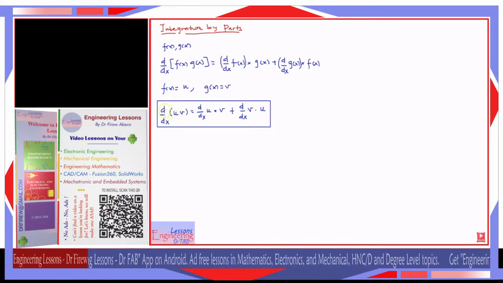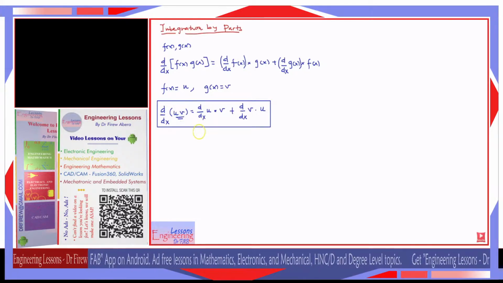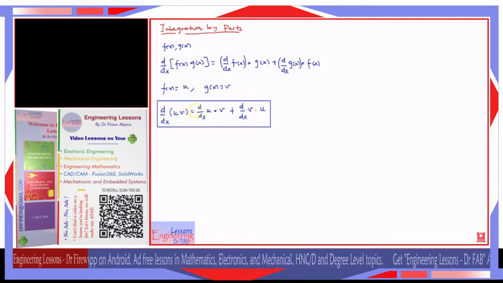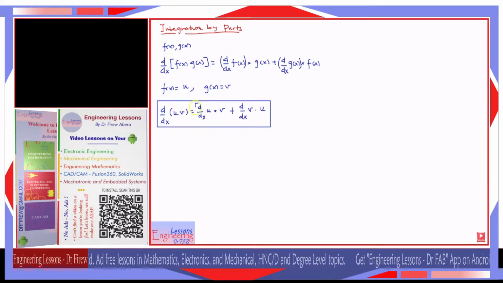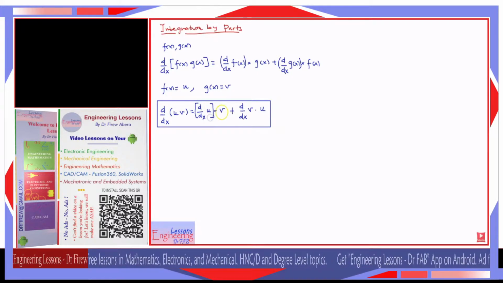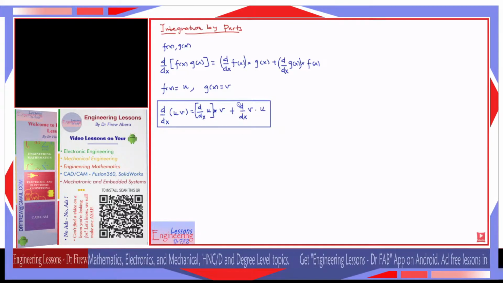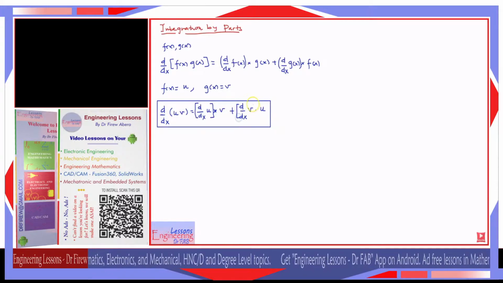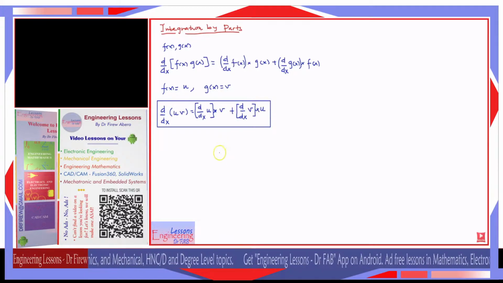The derivative of the product of these two functions is the derivative of the first function times the second one, plus the derivative of the second times the first function.